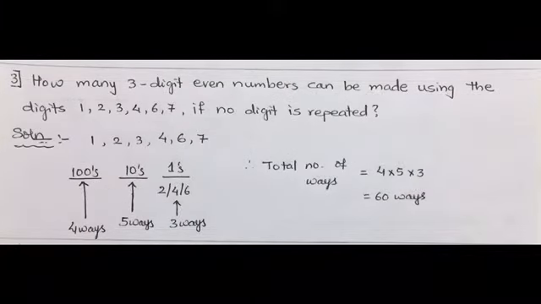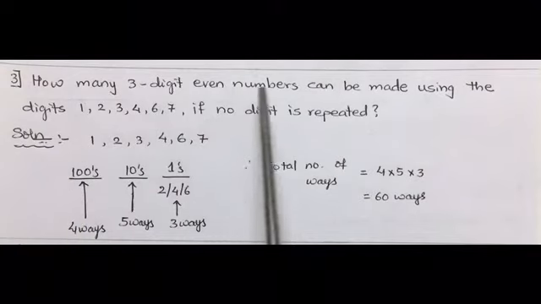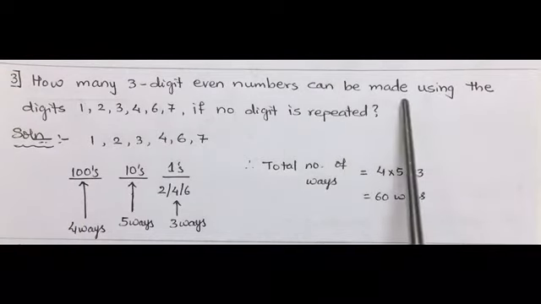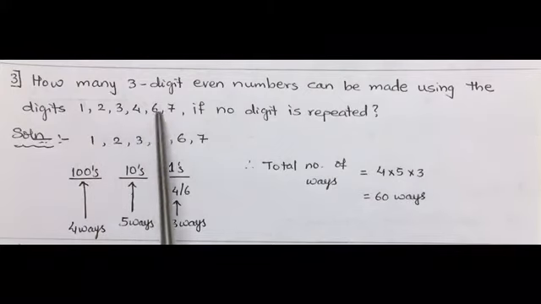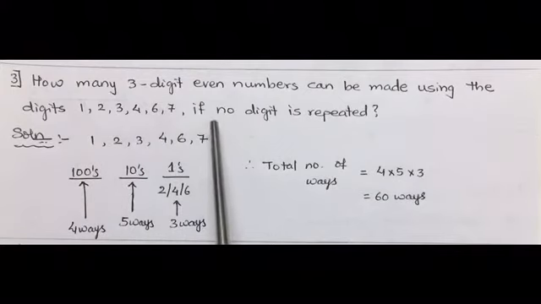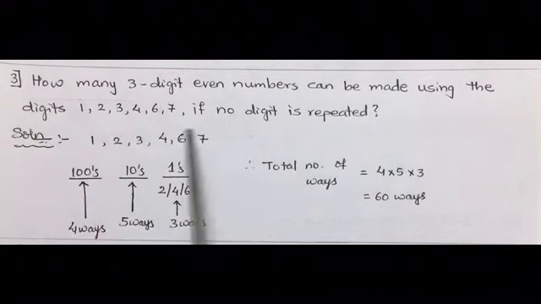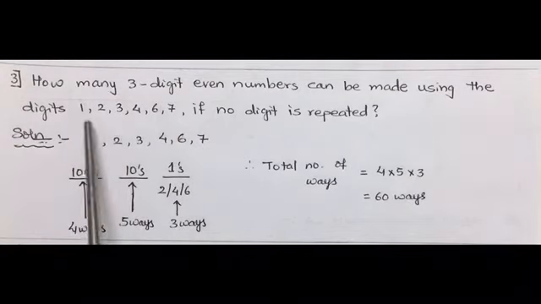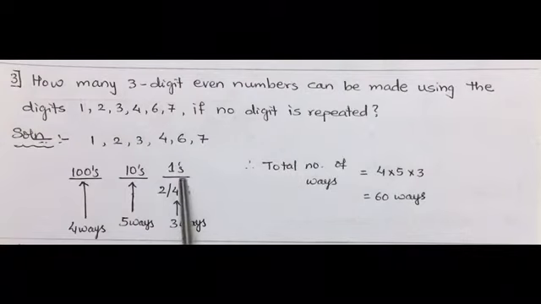Question number 3 is, how many 3-digit even numbers can be made using the digits 1, 2, 3, 4, 6, 7 if no digit is repeated? Now here we have to make an even number using the 6 digits given here, and the digits are not to be repeated.